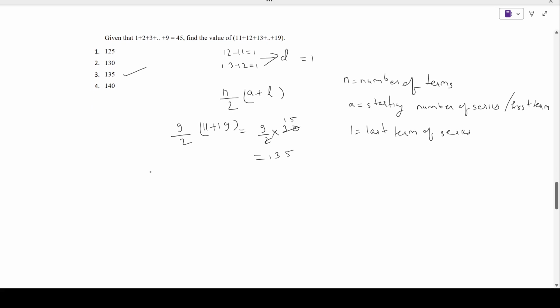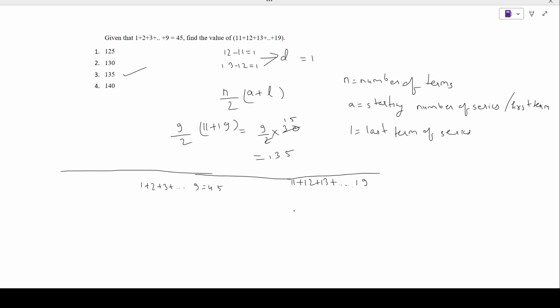The second method to solve this is, we are given 1 plus 2 plus 3 plus up to 9 is 45, and we are asked to find 11 plus 12 plus 13 plus up to 19.